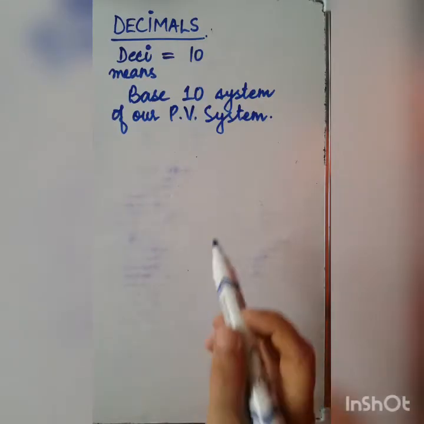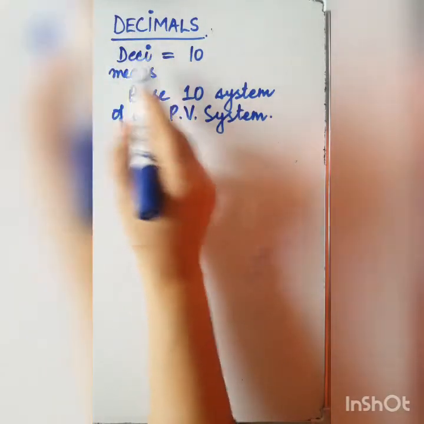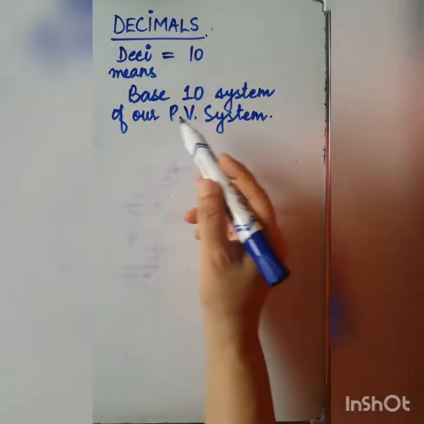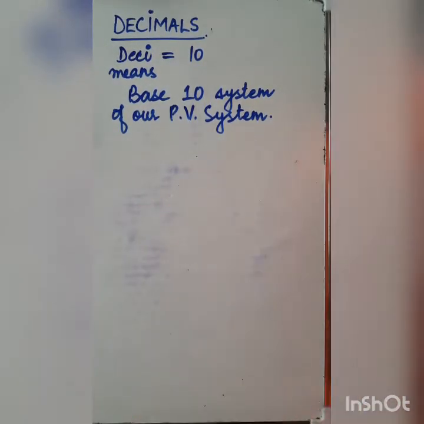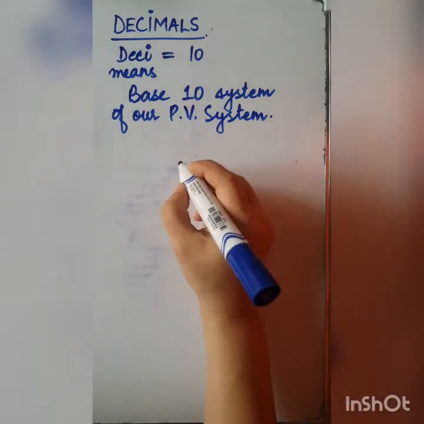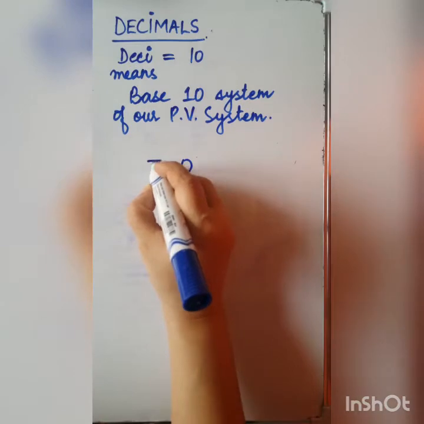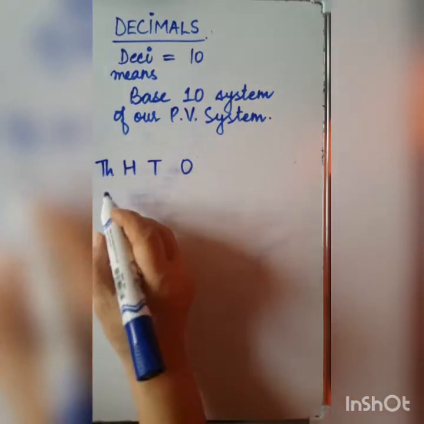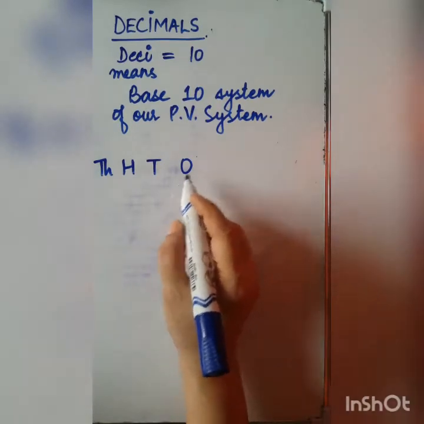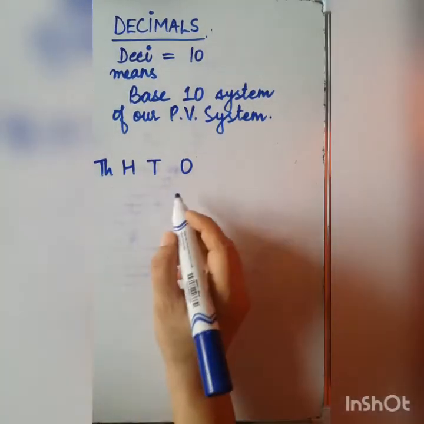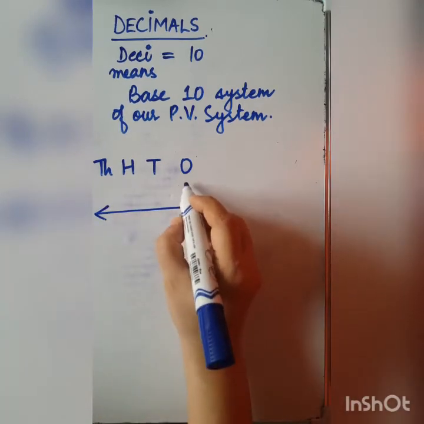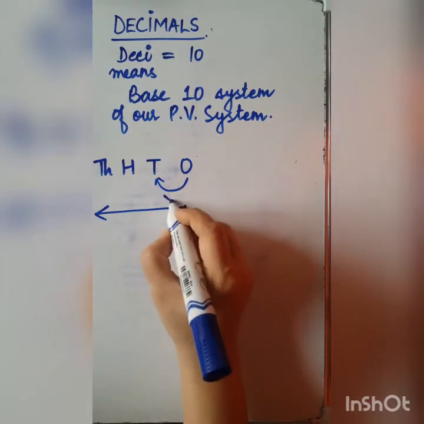Now decimals, the deci in decimals means 10. It relates to the base 10 system of our place value system. We are already familiar with the place value system as ones, tens, 100, 1000. I will take here till 1000 only. Now as we move from the right to the left side, we see that we are multiplying by 10.